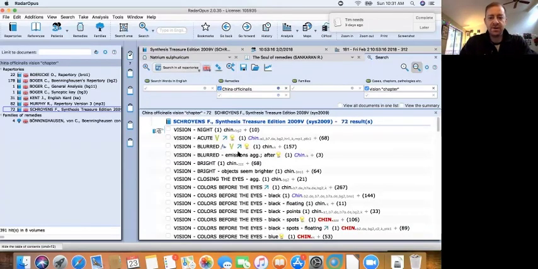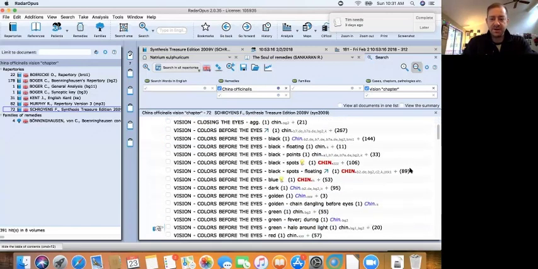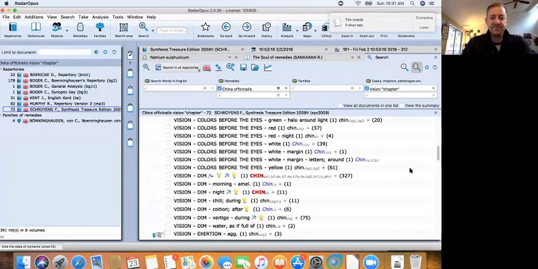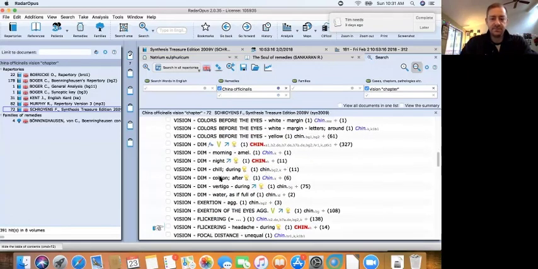So vision blurred after emissions. So somebody has a discharge or an emission of fluid, and it causes blurred vision. So colors before the eyes, floating blue spots, golden chain dangling before the eyes, dim vision after coition. Okay.